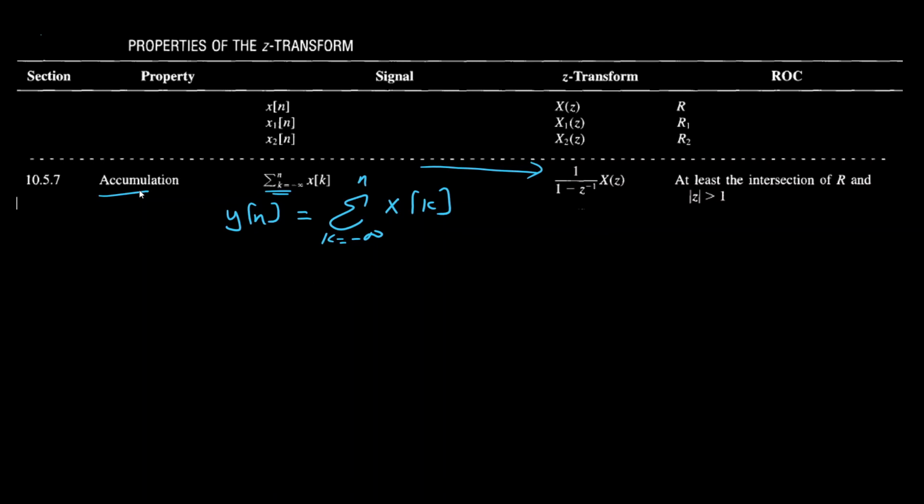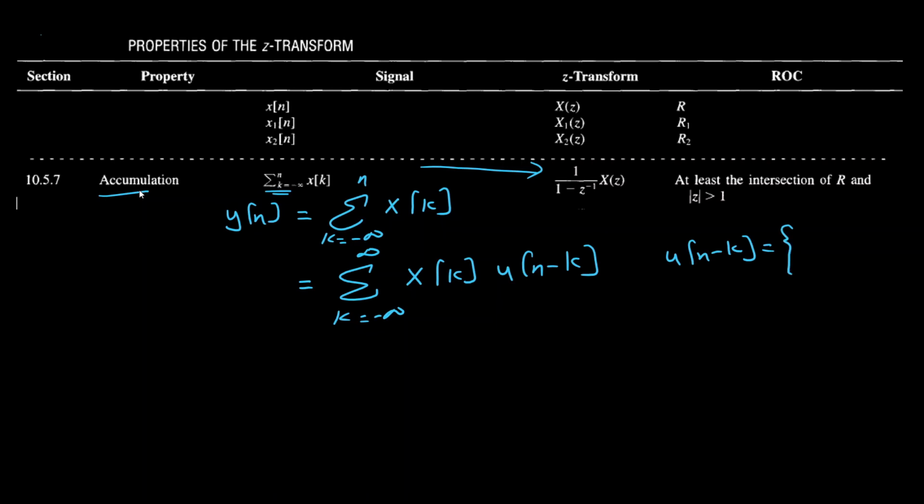So from the first equality we can write a generic form, that is we have k minus infinity to infinity. Now this n is changed to infinity, so this will be x of k u of n minus k. So why is it possible? This is because unit step function u of n minus k would either be 0 or 1.